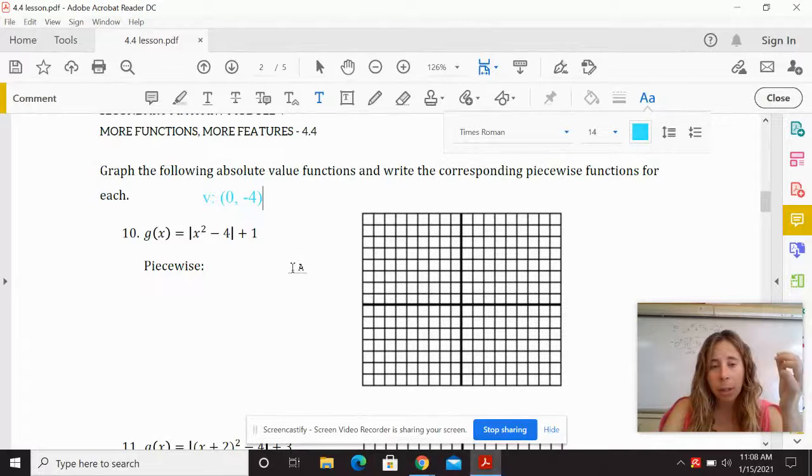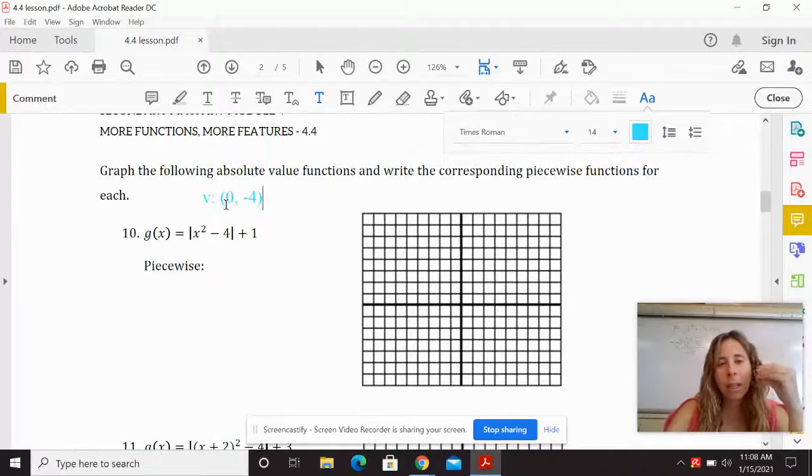I think it's easier, if you haven't graphed these a lot, to first graph this as the quadratic. So graph the quadratic x squared minus 4.